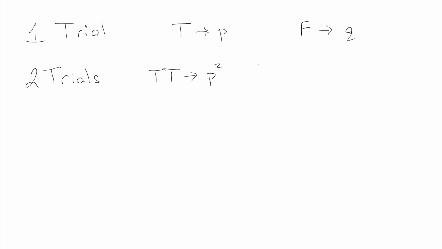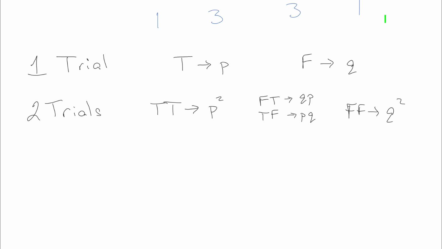Now in the middle, we have false, true, or true, false. So for something to be false and true, it's PQ or QP. And false, false would be Q squared.